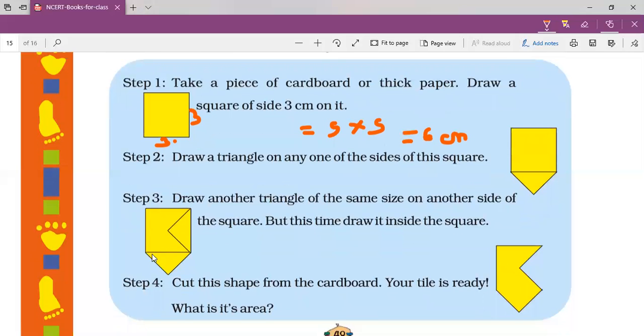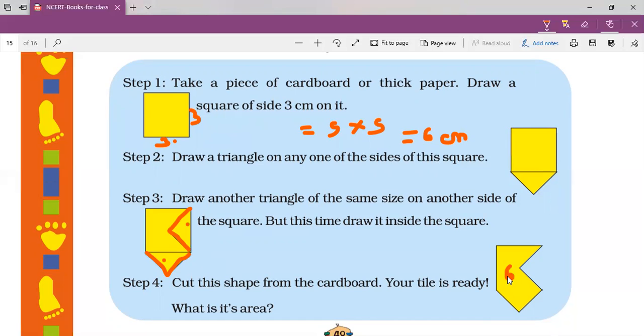We removed the triangle from the inside and cut it. So if we place this triangle over here, will it not form a square? Yes, it will. So what will be its area? Its area will be the same.